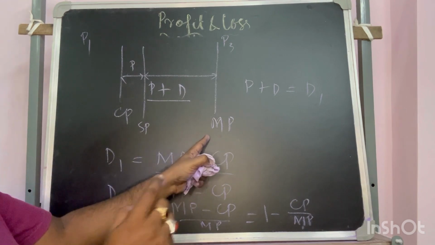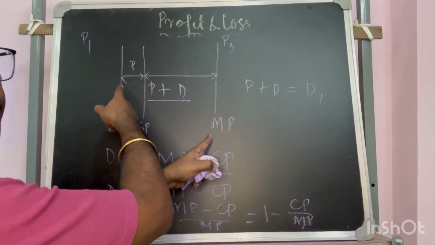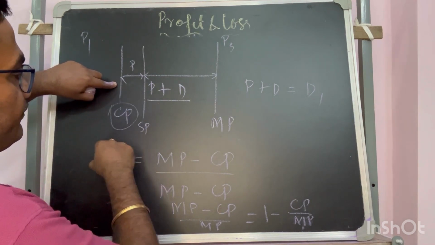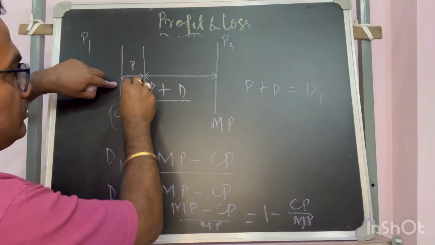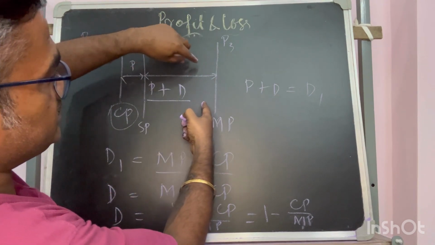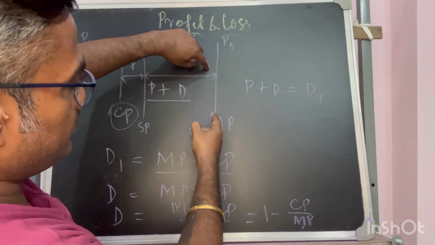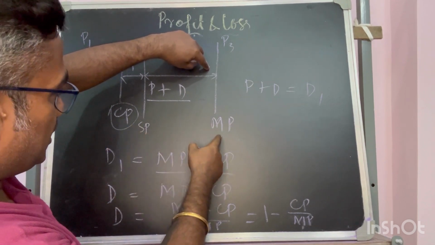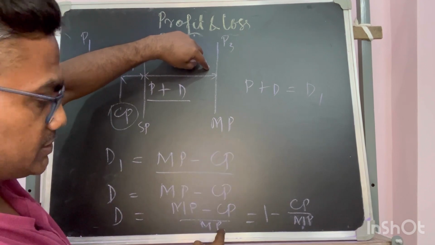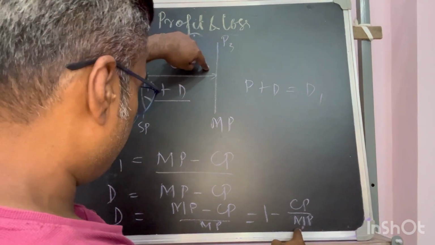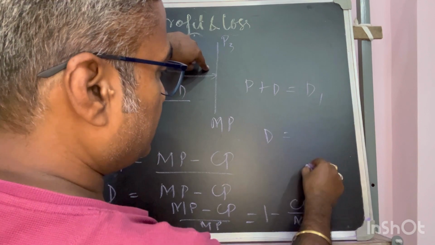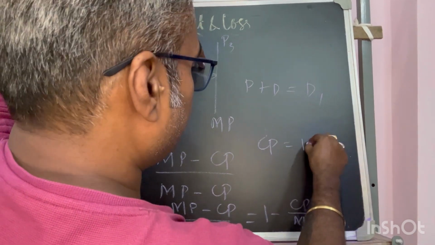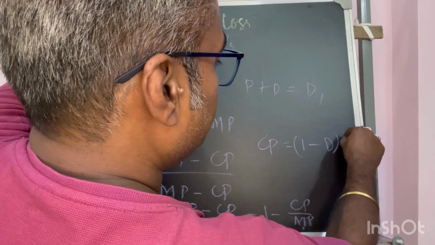I'm not looking to get a profit, because when I am talking about the profit, then I will fix this part to get how much profit. But I am just calculating now the discount. Out of these two fixed prices, I have to consider market price. So this will be my discount equation, and from there my cost price will be 1 minus discount into MP.